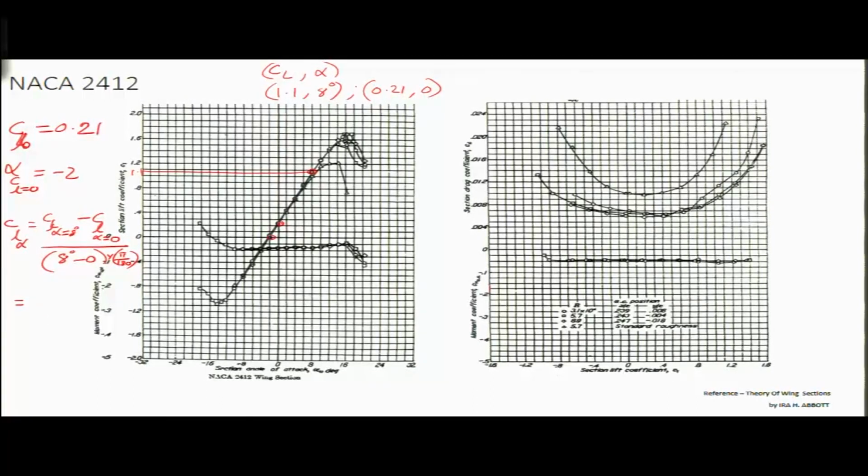Since it is a straight linear equation, we can find the slope of this curve, right, y2 minus y1 by x2 minus x1.